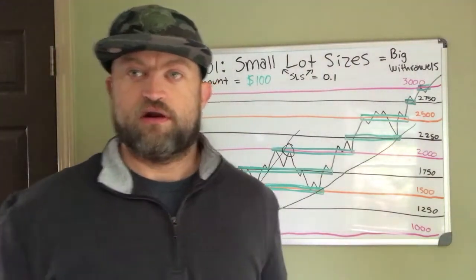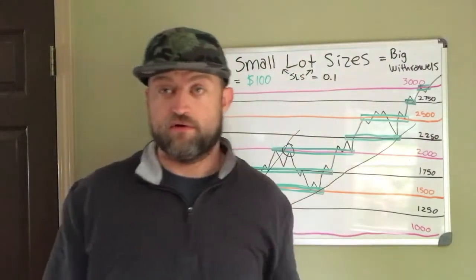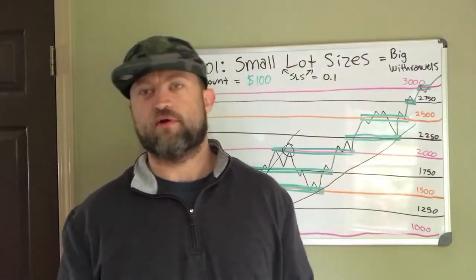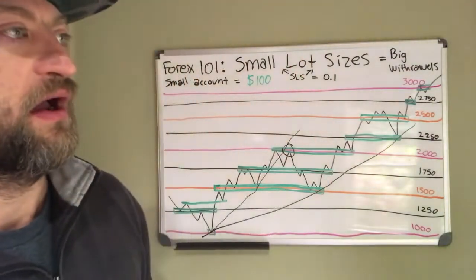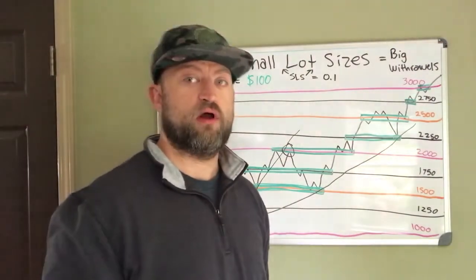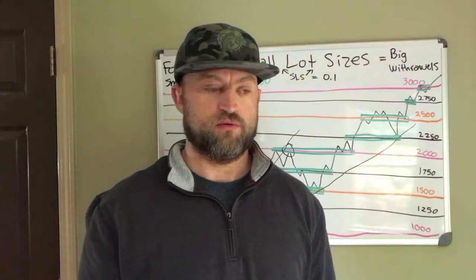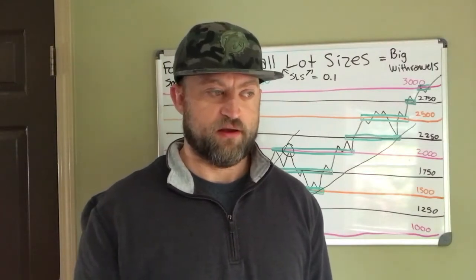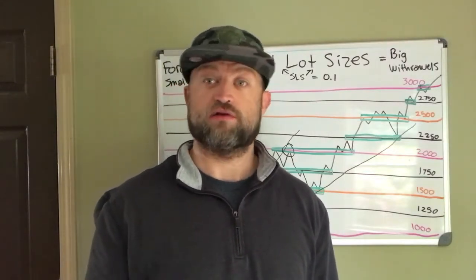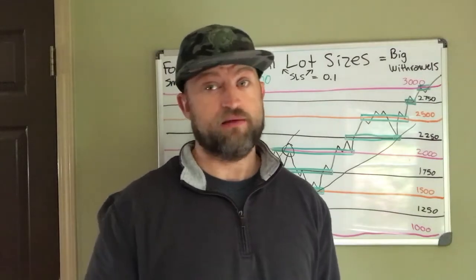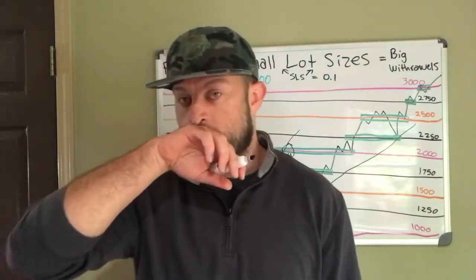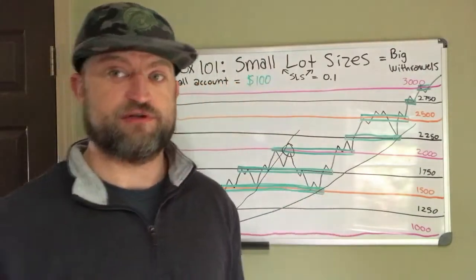Some people might say, well, that's a big lot size or whatever. I don't know. I think because I was using different ones before, like with a $100 account starting off, I was using like 0.25 lots, quarter lots, or even sometimes in the beginning, before I really realized this is not a good idea, I was using like 0.5 lots just for one position.